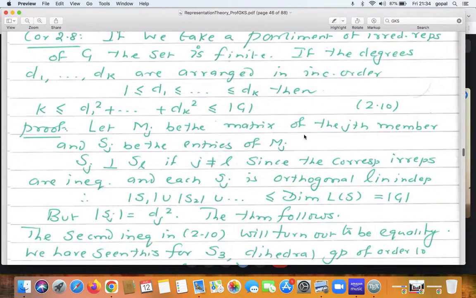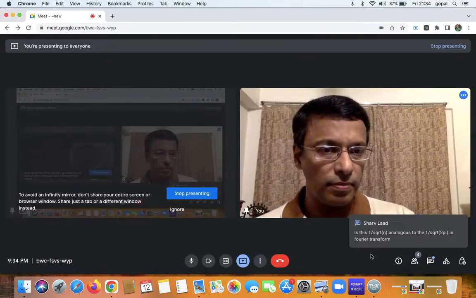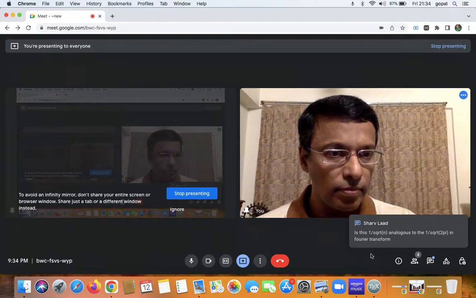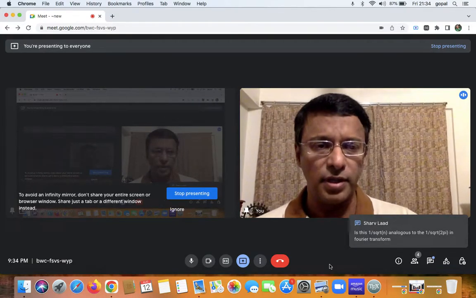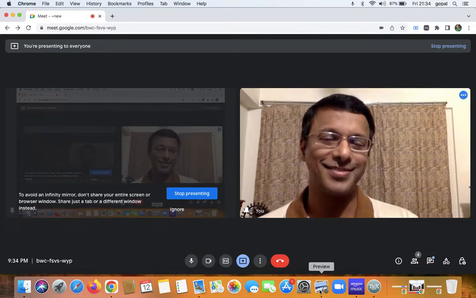So let M_j be the matrix of the jth member. You've got a parliament of irreducibles, and let S_j be the entries of the matrix M_j. Now S_j and S_l are orthogonal. Yes, any questions, please? Yeah, it is a normalizing factor, exactly as it happens in the Fourier transform. That's correct.